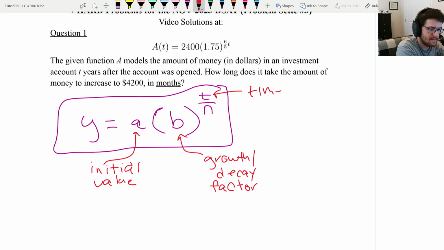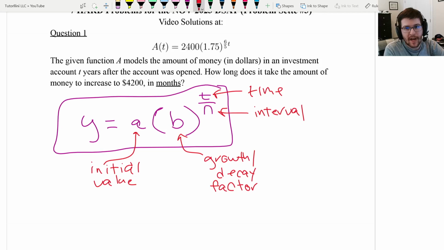Nothing crazy there. But there's this new letter that you really need to make sure you understand: n, which is the interval. The interval tells you how often that growth rate b or decay rate b is fully applied.